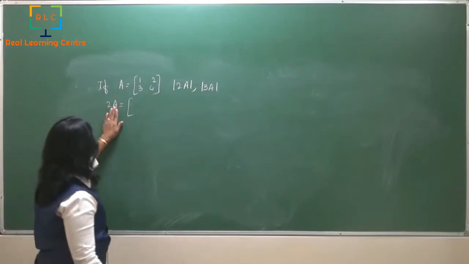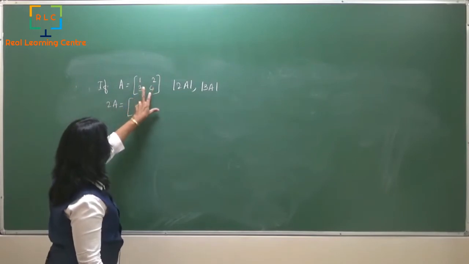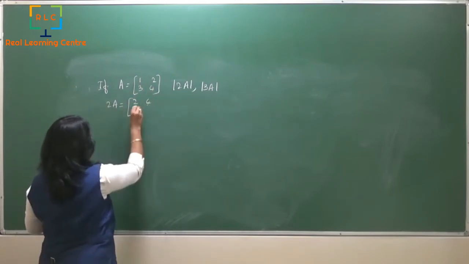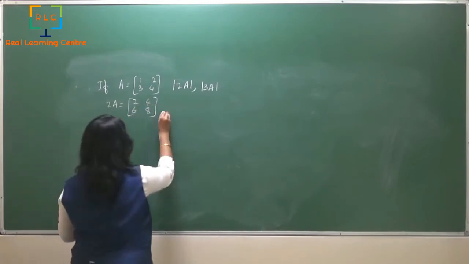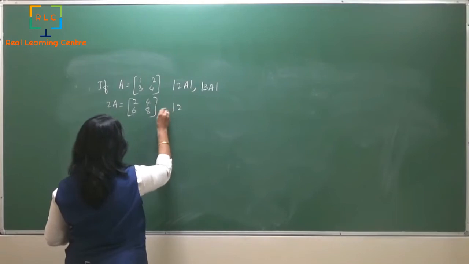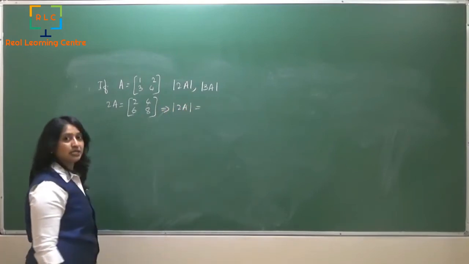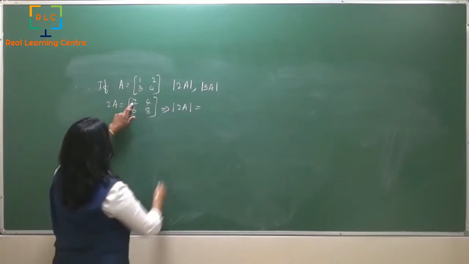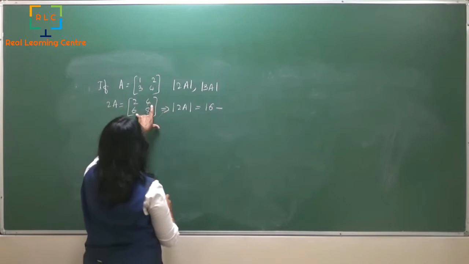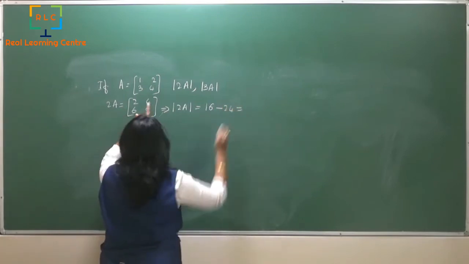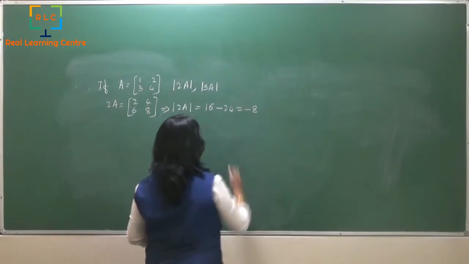When I multiply this matrix A by the number, two multiples of all these numbers will give you 2, 4, 6, 8. And now I shall take out the determinant of 2A, which implies the determinant of 2 times A. This itself is 2 times A, and I shall take out the determinant. 8 2s are 16 minus 6 4s are 24. 16 minus 24 is minus 8.